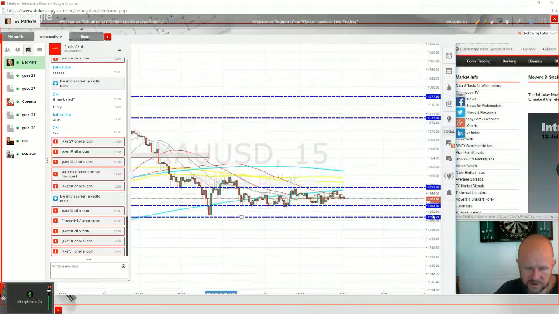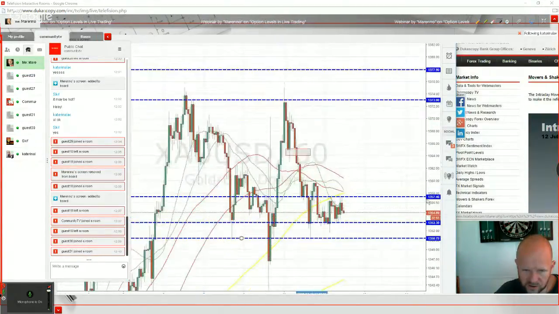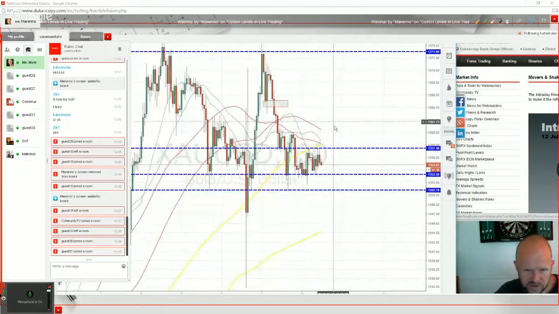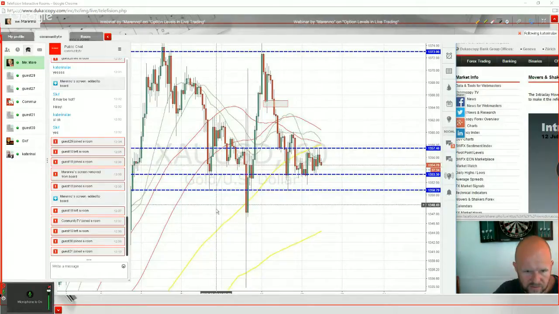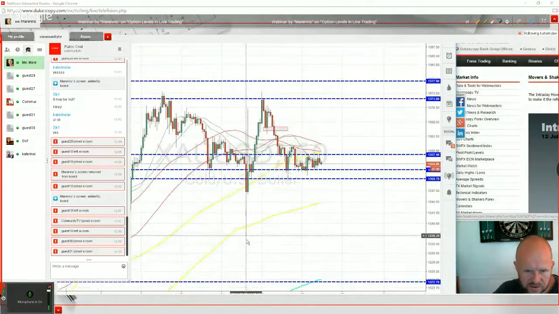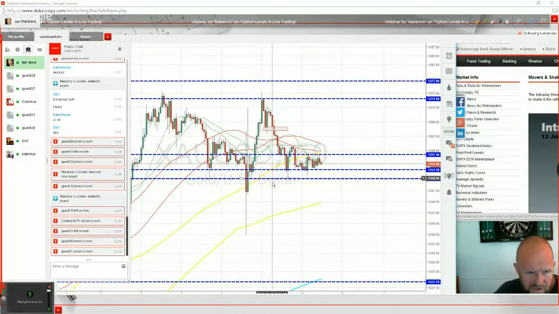Let's switch to the 1-hour chart just to show a better picture. Yes, 1350 is a good level to buy. I don't think that we are going to trigger this low here, which is also possible, who knows. But as you can see, we do have a congestion here as well.